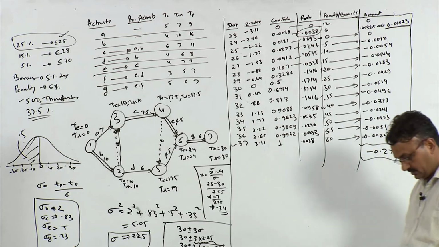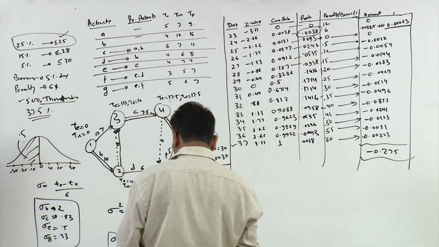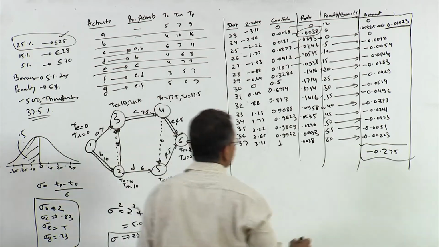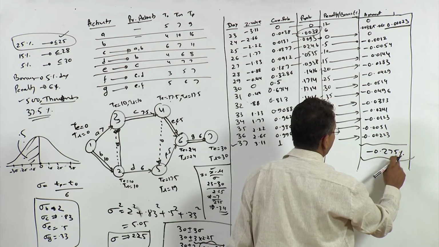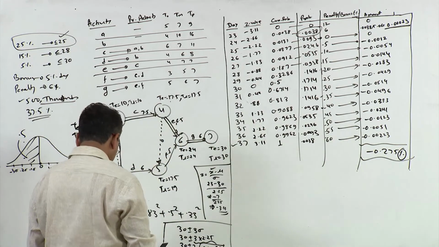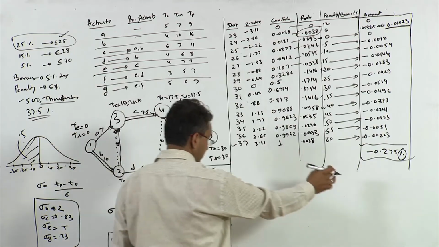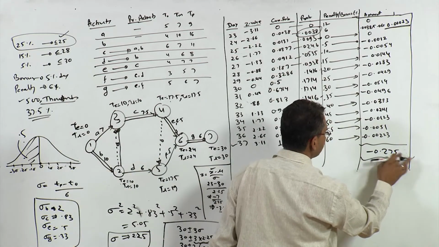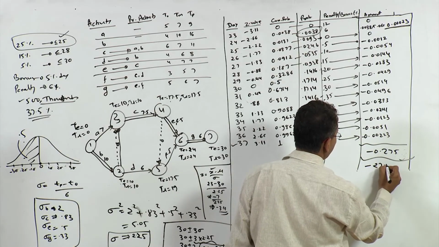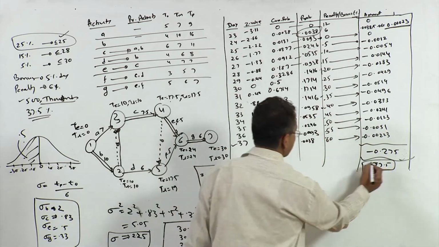So let us calculate the net expected profit. So 0.275 is the penalty. The total expected penalty is this much. When you convert it into percentage, it becomes minus 27.5%. So this is your penalty, 27.5%.